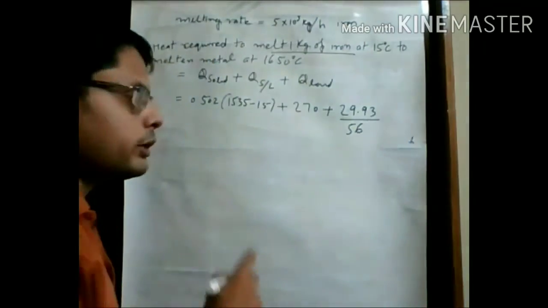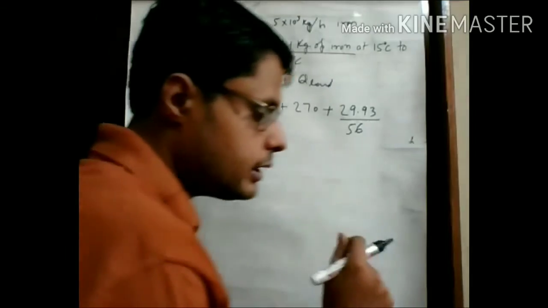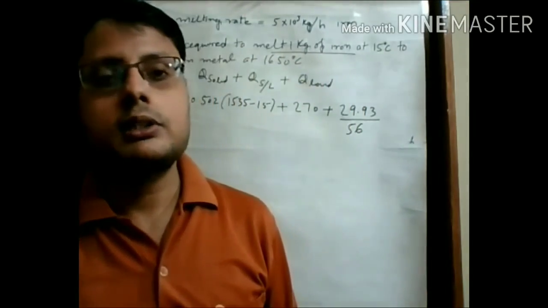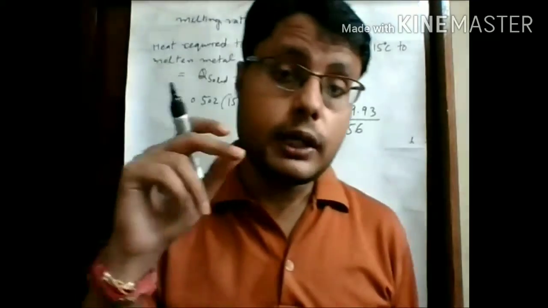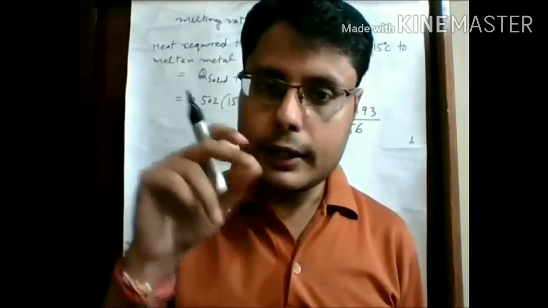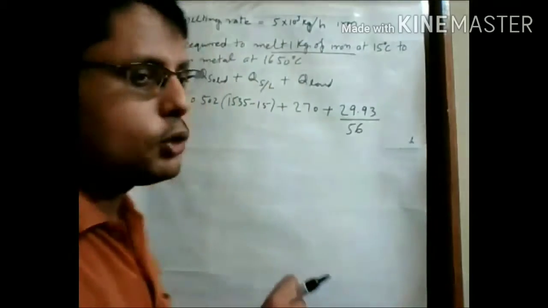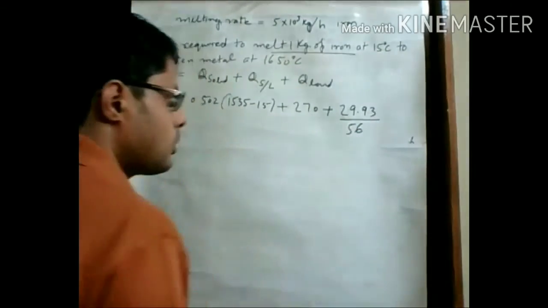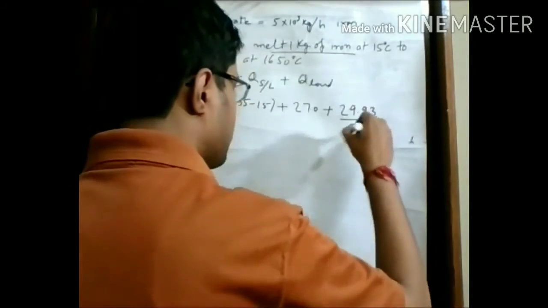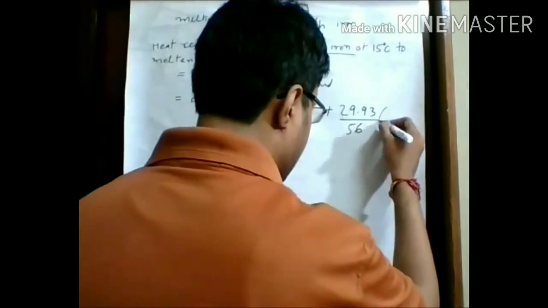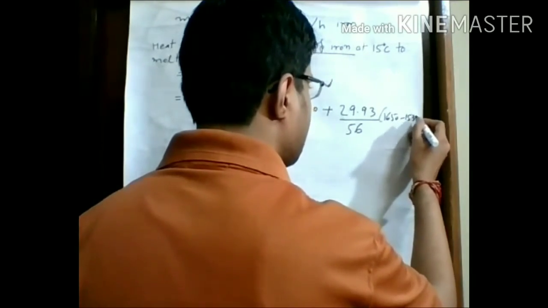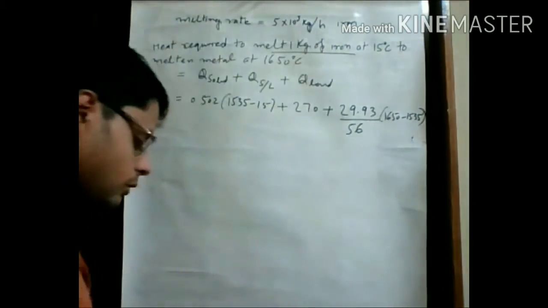So again, read this expression: the specific heat in the liquid state of iron is given as 29.93 upon the atomic weight of iron, which is 56. This is the total C of liquid state multiplied by 1650 minus 1535. So that's all about it.